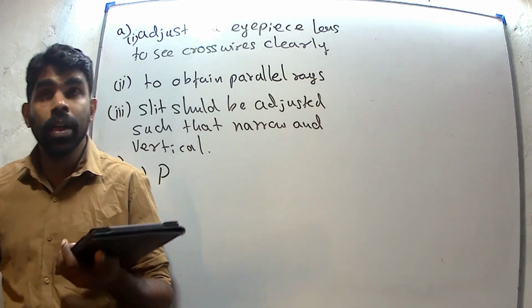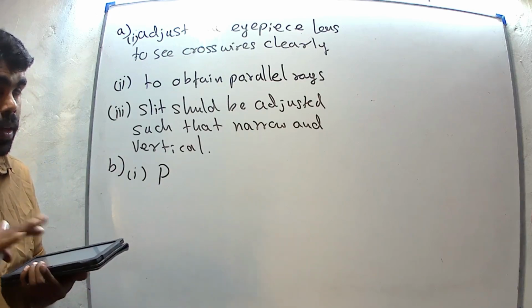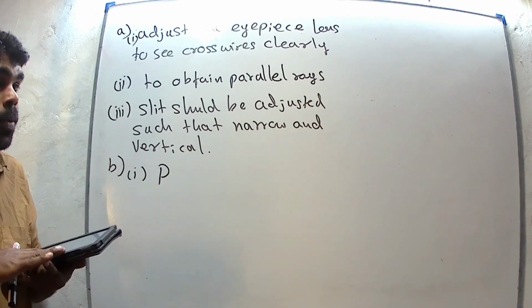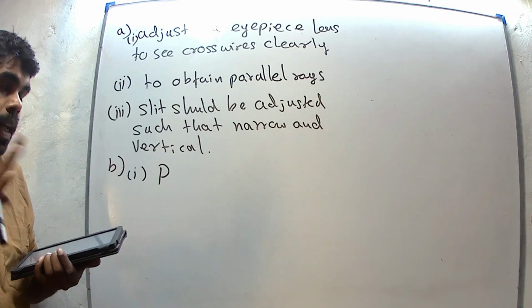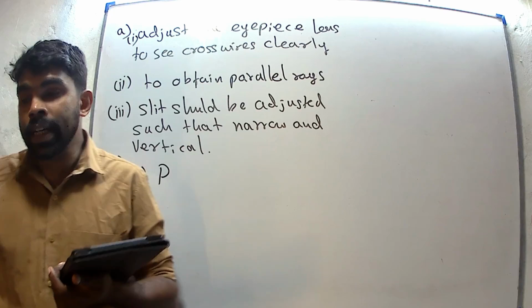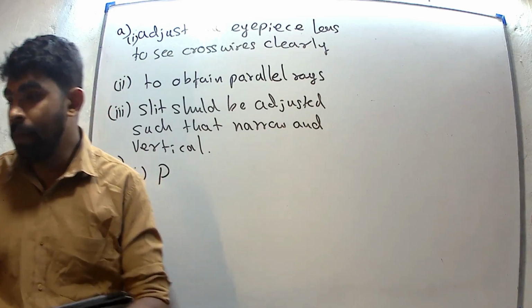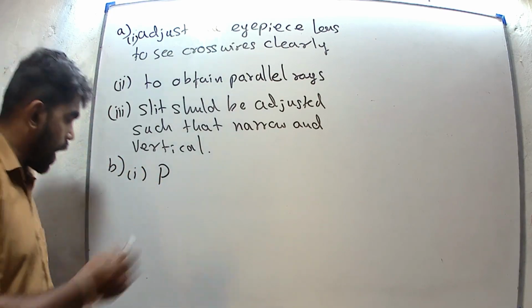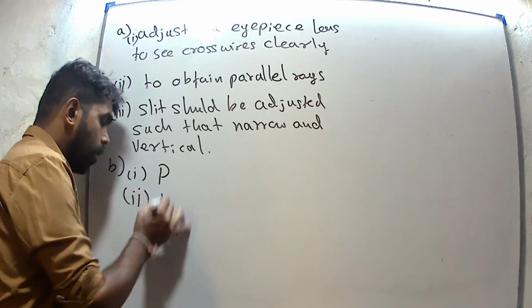It should not be horizontal relative to the telescope or table. It should be horizontal relative to the collimator. Therefore, we can write the answer no.